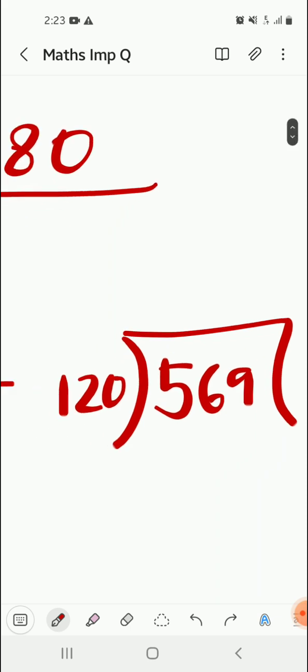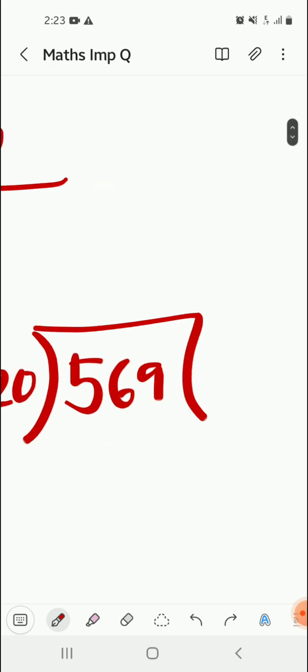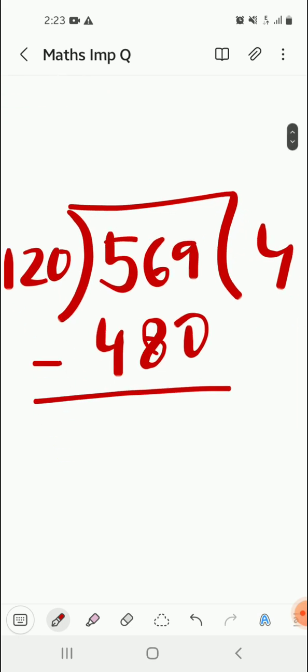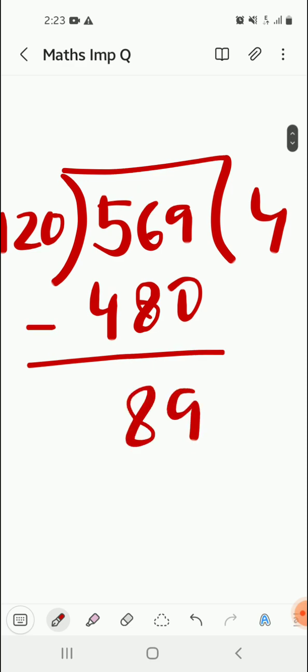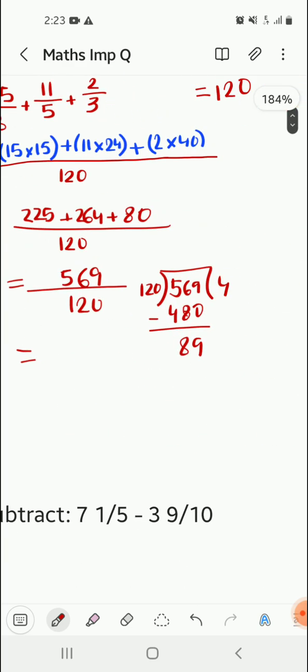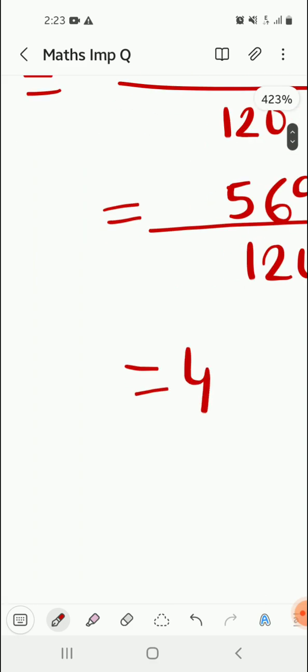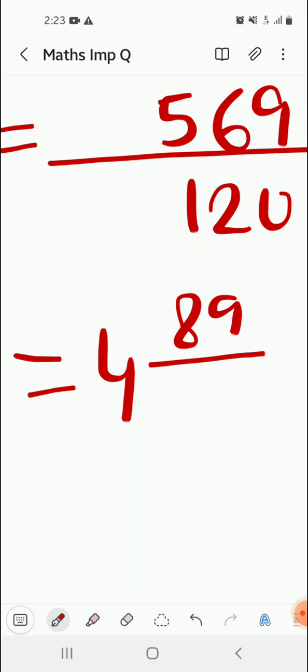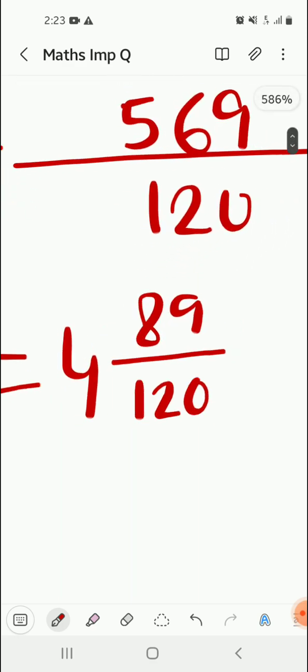What we can do is multiply 120 by 4, then only we can get the closest number possible. 12 into 4 is 480, because 12 fives are 60, it would become 600, so we'll take 480, and 569 minus 480, we get 89. Now we are going to write it this way. Over here this 4 becomes my whole number, 89 is my numerator, and the denominator being 120. That's it.